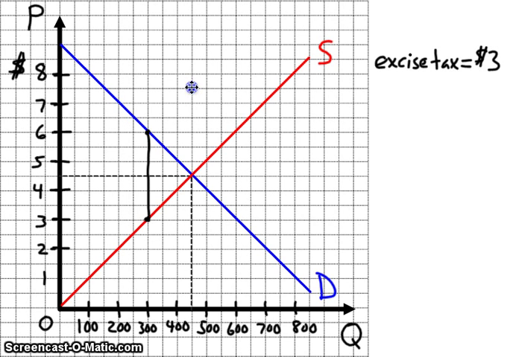In any event, what we're going to do is, in this case, and I'm trying to do as well as I can here, draw our new supply curve. Remember, taxes are a negative effect on supply, shifting it to the left. So we want to go parallel and to the left.